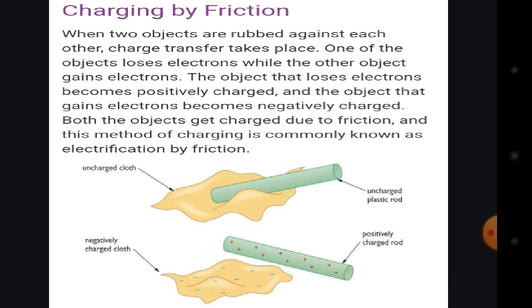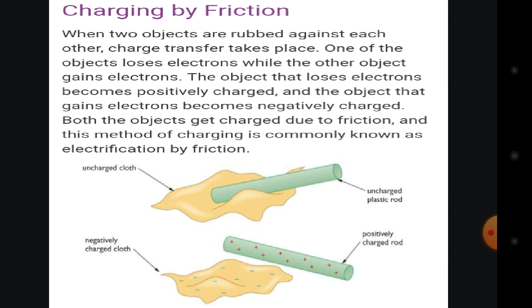When the electrons are gained, that means the electrons are more than the protons. Then that object will be, sorry, a negative charge, because it gained the electrons. The protons are fewer compared to the electrons.